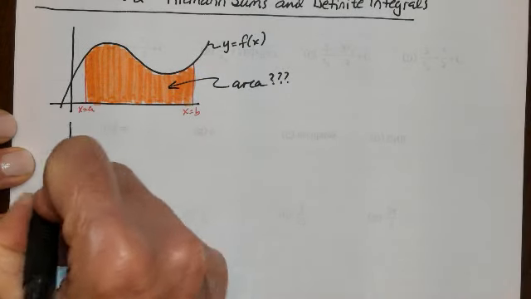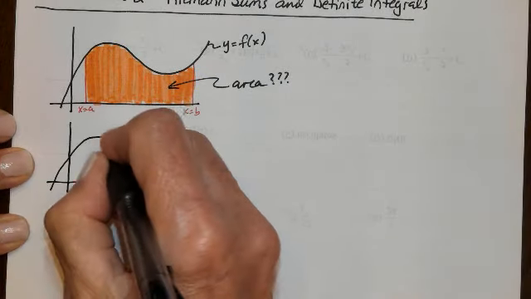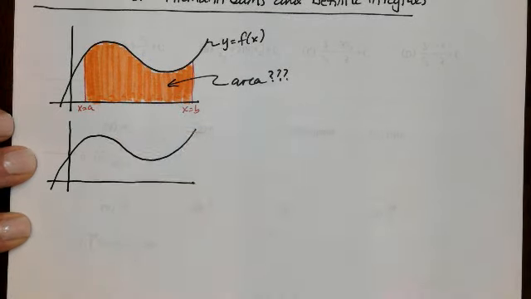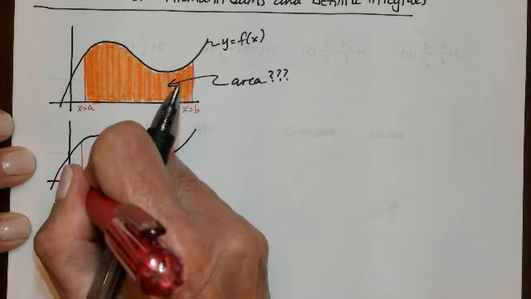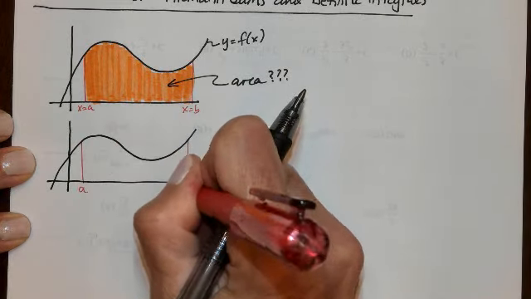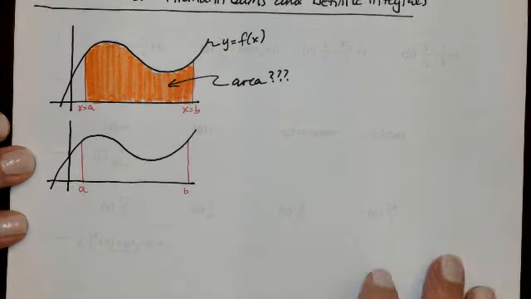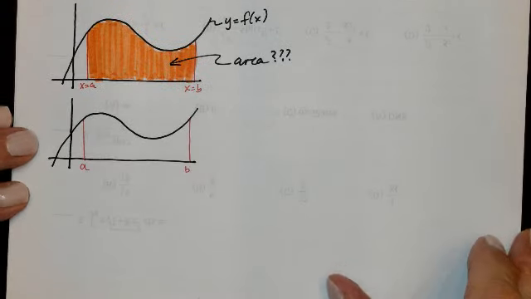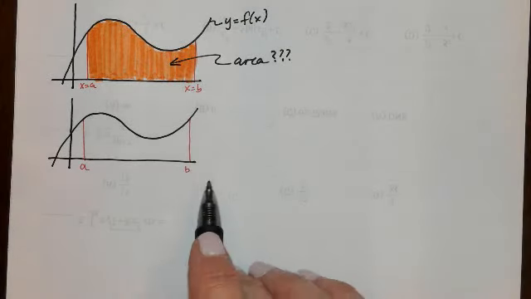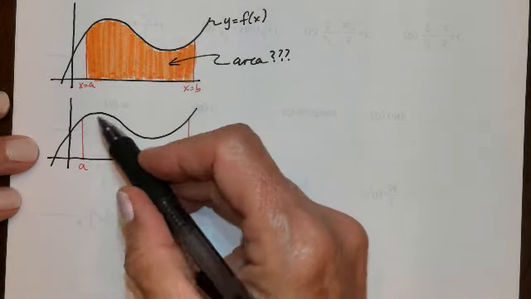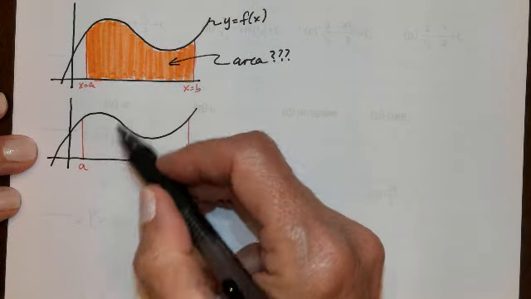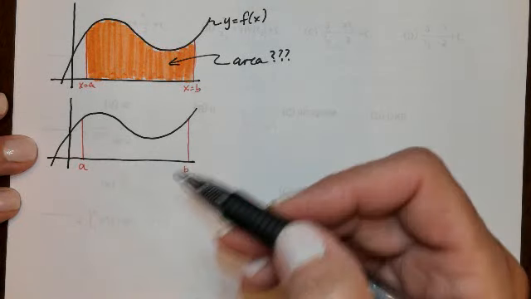So if I do that, let me sketch this out again. From A to B. The first way that we're going to approximate this area under this curve is with some rectangles. And these rectangles are going to be kind of tall and skinny rectangles. But they will be rectangles.